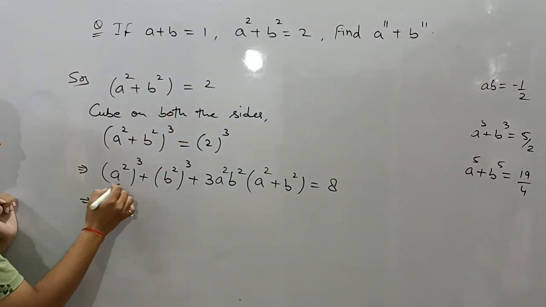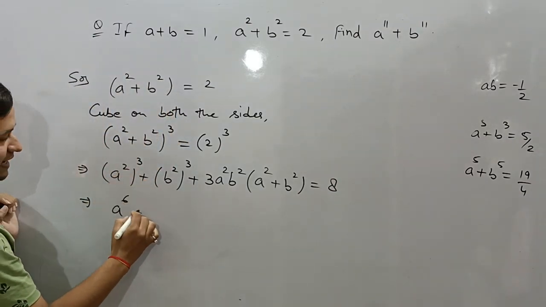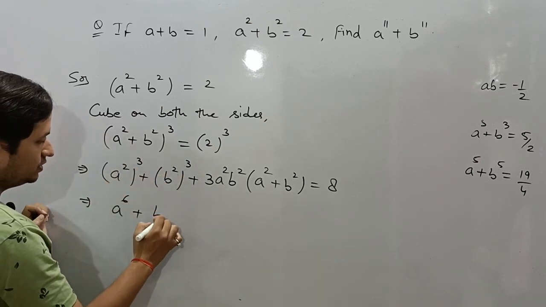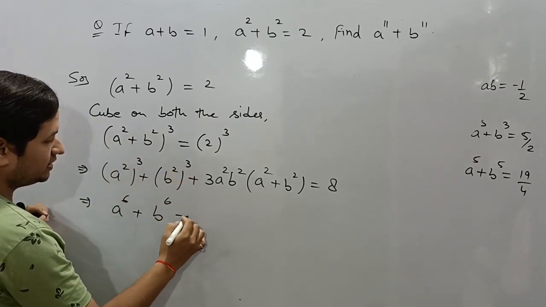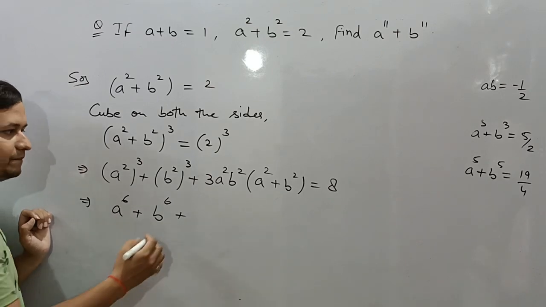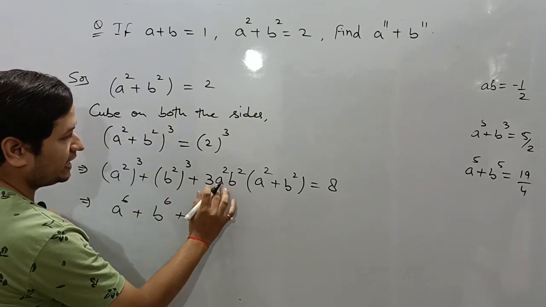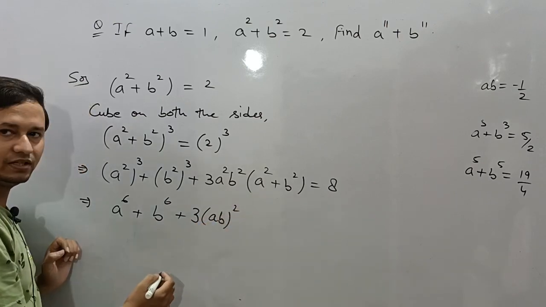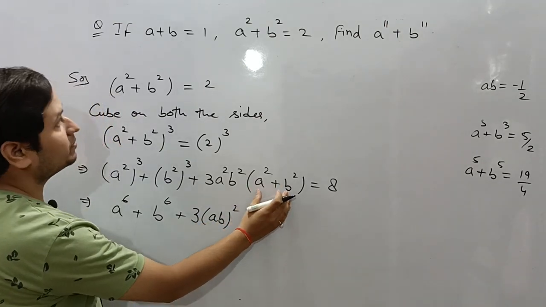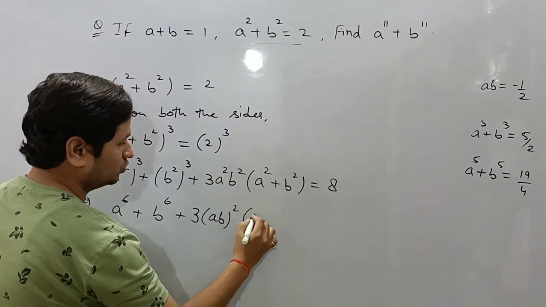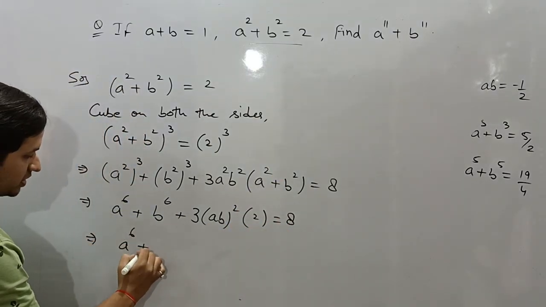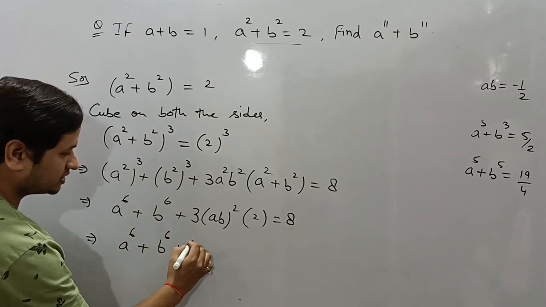Okay, now it is a raised to the power 6, 2 3s are 6, and b raised to the power 6, 2 into 3. Here a square b square, now we can write it as (ab) square, and a square plus b square, the value is 2, equals to 8. a raised to the power 6 plus b raised to the power 6 plus 3.